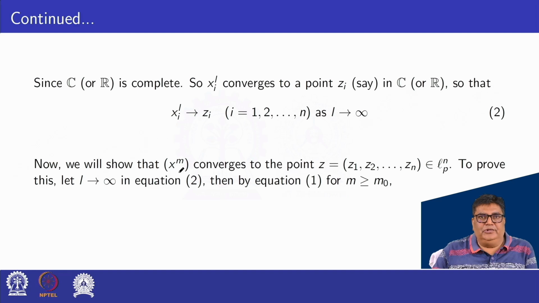Now we will show that xm converges to the point z. z has n tuples z1, z2 and so on zn.